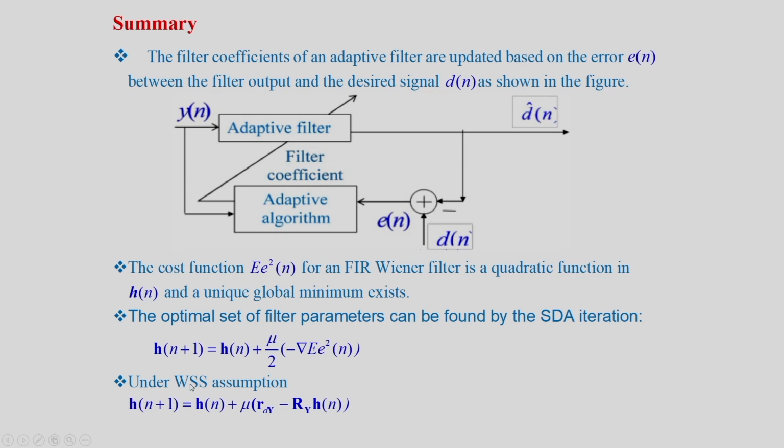Under the WSS assumption of the signals, we get h of n plus 1 equal to hn plus mu times Rdy vector minus Ry matrix into hn vector.